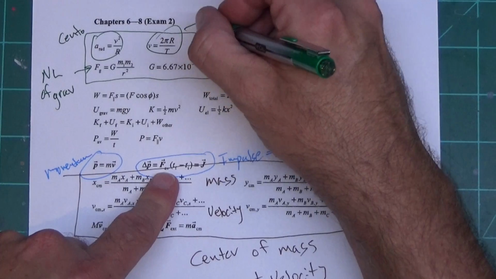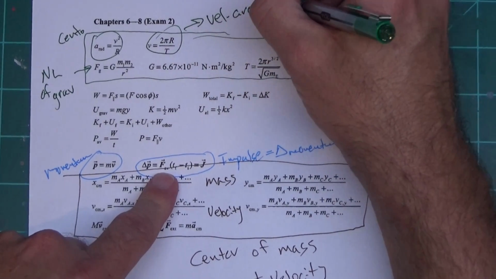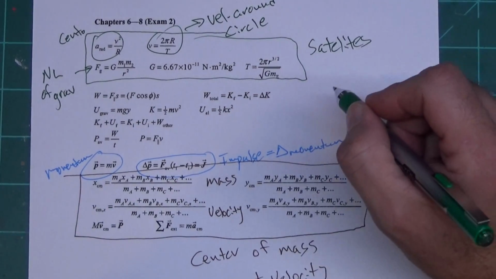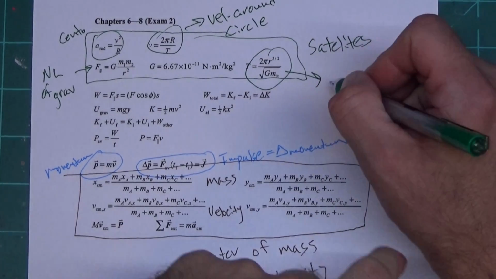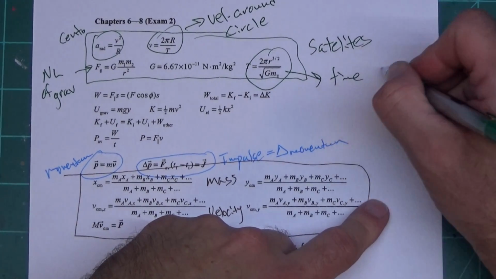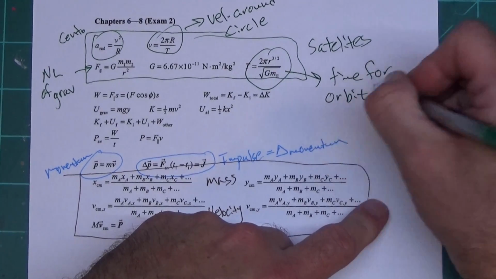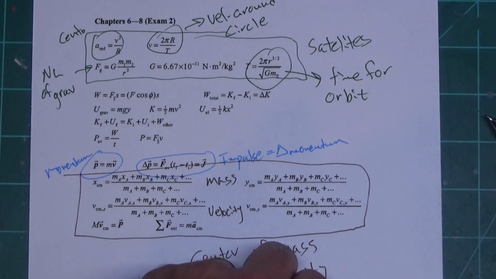Here's the velocity around a circle. And this right here is the time period for an orbit. If I am not mistaken, that's Kepler's second law, but that doesn't matter to you guys at A&M.